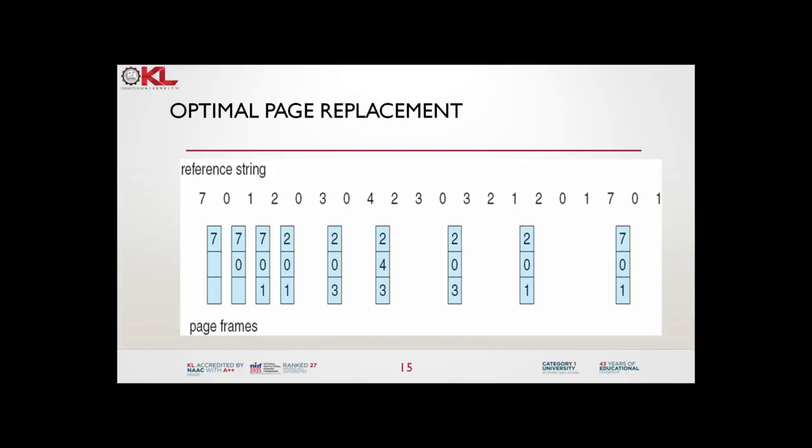If I apply the same reference string here for the optimal page replacement algorithm, let us see whether it improves the performance of the operating system or not. How do we know whether it is improving? By reducing the number of page faults.